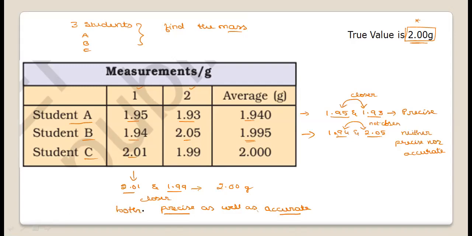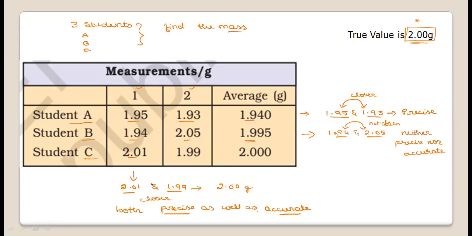I hope these calculations will help us understand what is precise and what is accurate. Student A data are closer, but they are not in agreement with the true value, hence they are only precise. Student B data are not closer to each other and not in agreement with the true value, hence they are neither precise nor accurate.